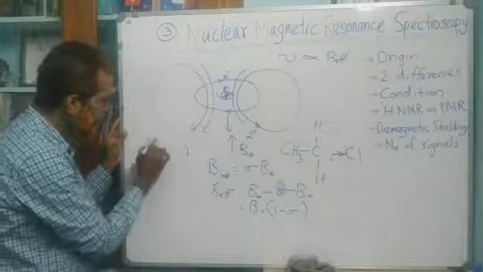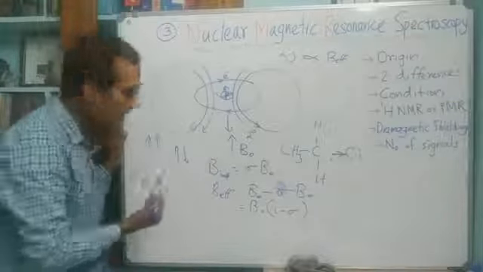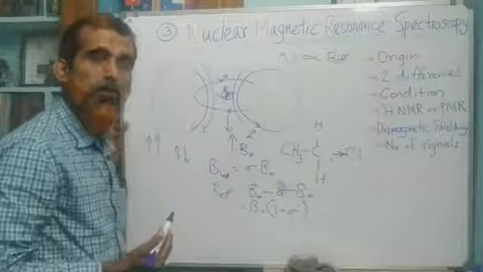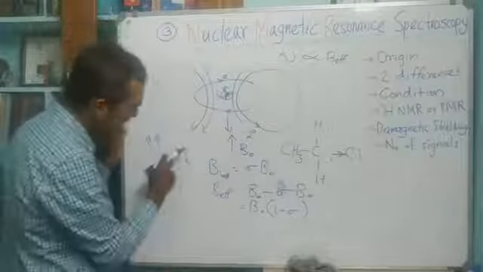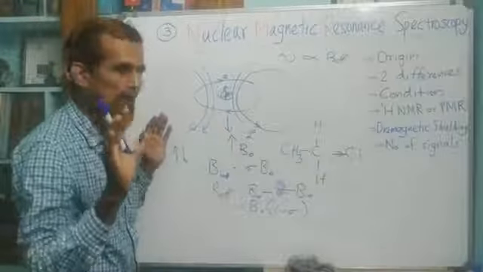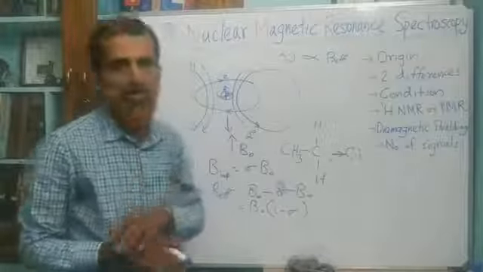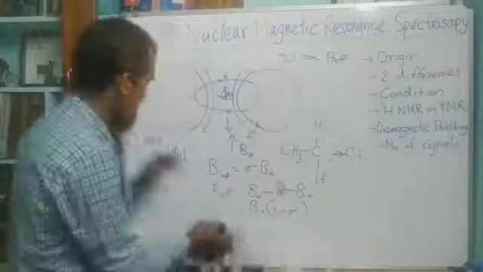When there are two electrons which are parallel, what do you call it? Same spin. In the same spin we call it paramagnetic, correct? And when the spins are paired opposite, it is called diamagnetic. So this is called diamagnetic shielding due to the secondary electrons.